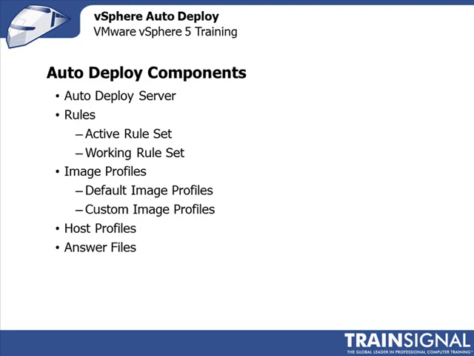The other option is to customize your image profile. You can download the plain vanilla one from VMware and slipstream the drivers that you want into the image, thereby creating your own custom image, and then use that image in auto deploy to deploy it to the hardware. So you have a lot of options here. Obviously, the default image is a little easier because you don't have to deal with the packaging and repackaging process, but depending on your environment, you might want to use one or the other.